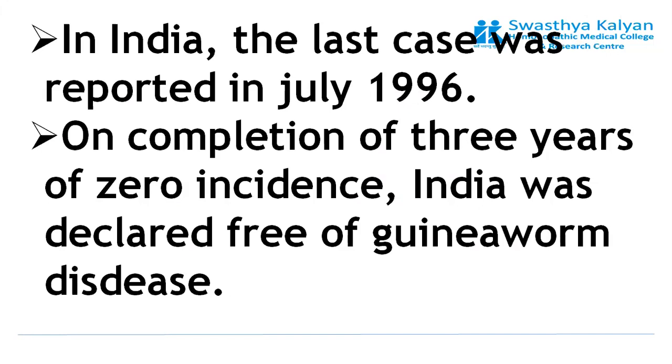Its occurrence was there somewhere in the past. Although it is not eradicated from the whole world, in India we eradicated it in the year 2000. Three years after zero incidence was found in 1996, India was declared free from Dracunculus.